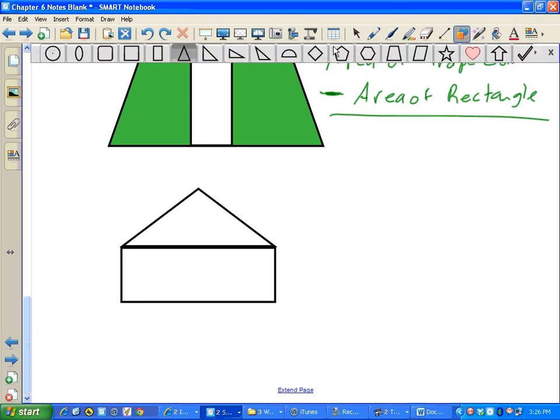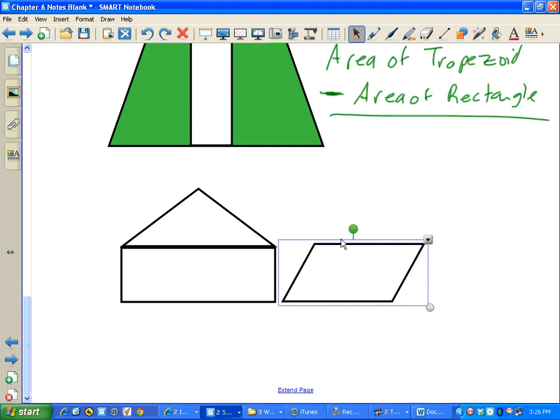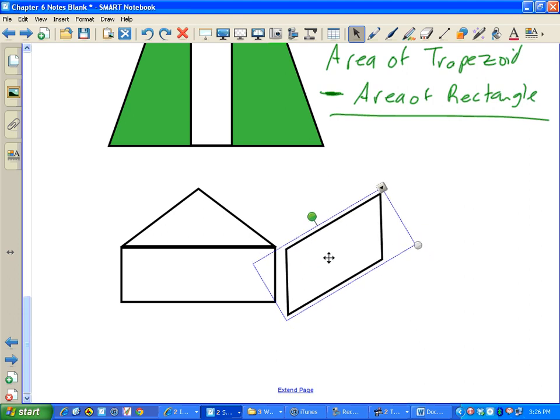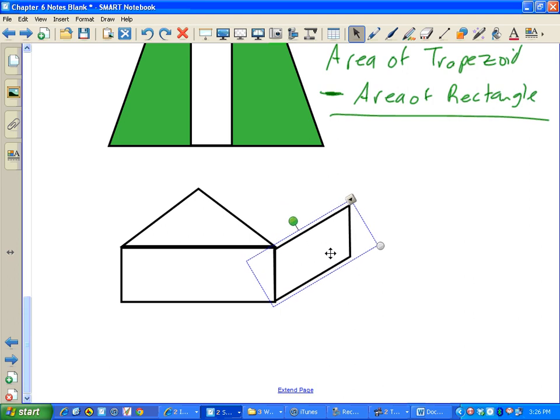What you're going to do is you're going to find the area of each individual shape, okay, and then use that to find the area of the total thing. Okay, so if you got something like this, you'd find the area of the rectangle, the area of the triangle, the area of the parallelogram, and add them all together, and that would be the area of this entire shape.